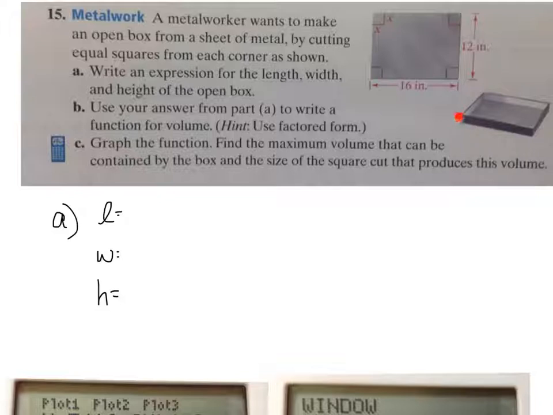Really, it's not going to be very tall, but look up here. Each square that he cuts out, its length is x, right? So that side that he folds up, how tall is it going to be? X. We don't know what it is, but we know it's x. Okay, so height equals x.